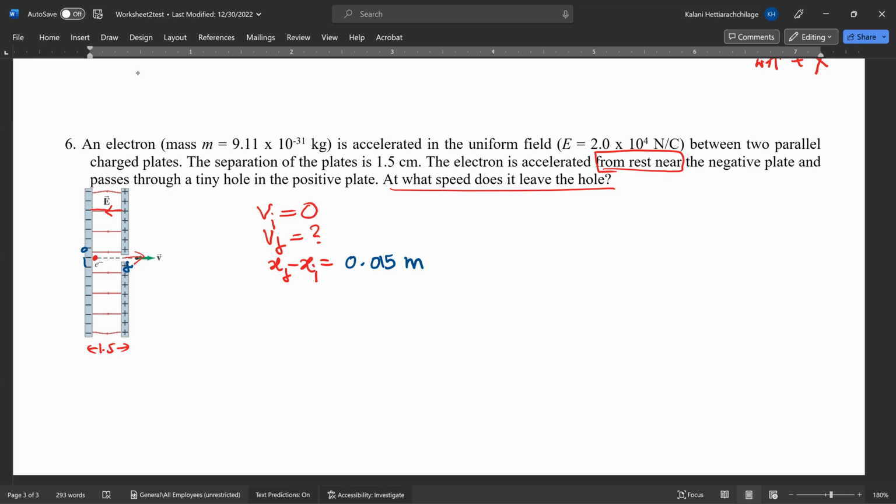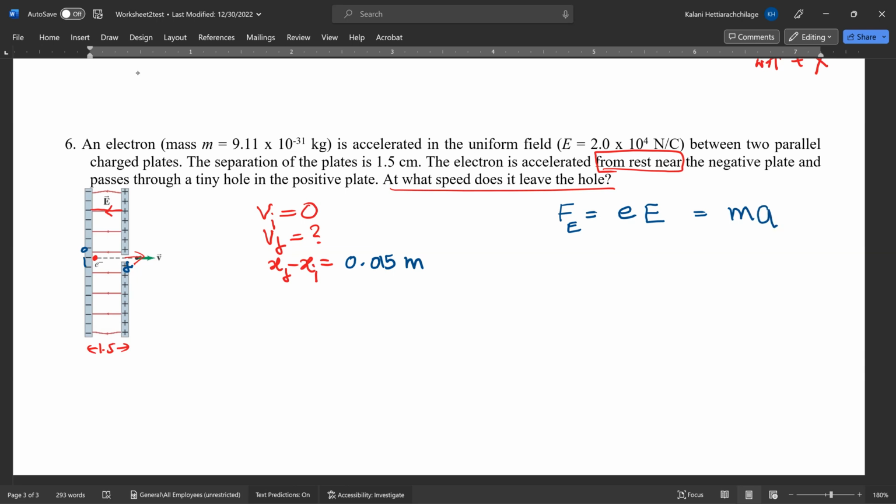So because of that, I can write the electric force for this charged particle as the charge of the electron times E. I'm going to write just the magnitude because I know that it is accelerating towards the right. Now this will be equal to mass times acceleration of the particle, right?